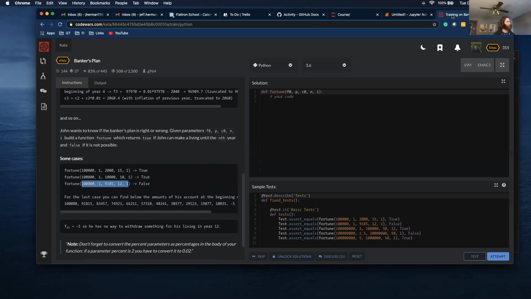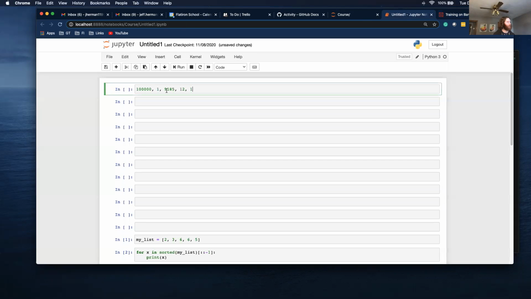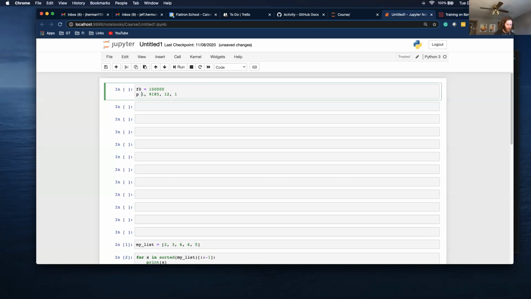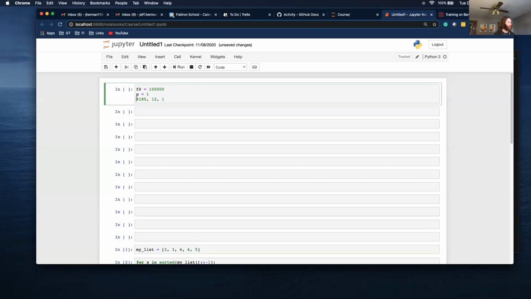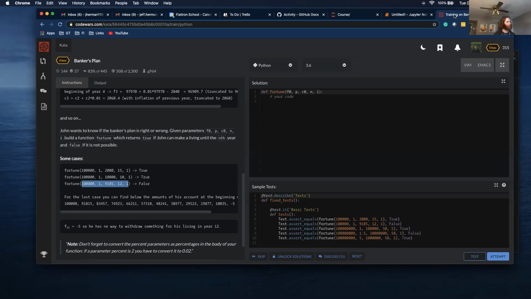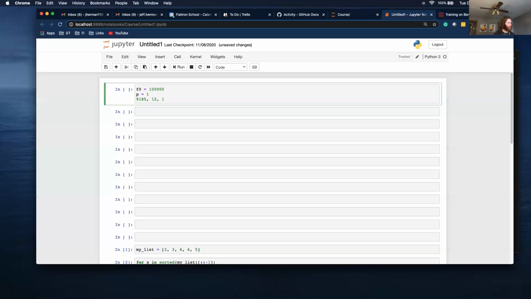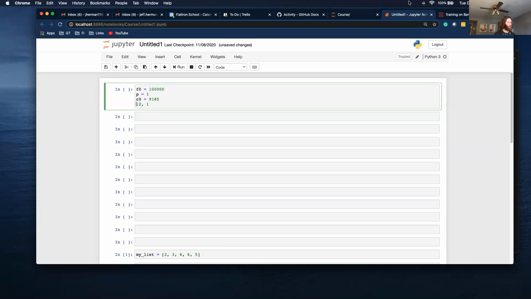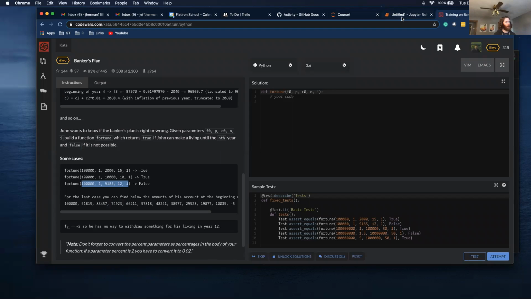I don't know what the variables are, so F0, P, C0, and next one, I believe, is N and I.